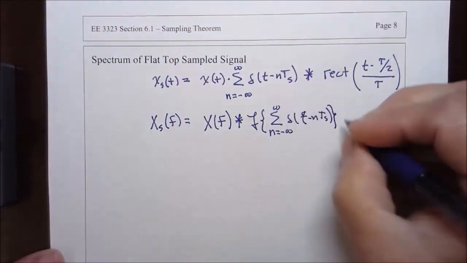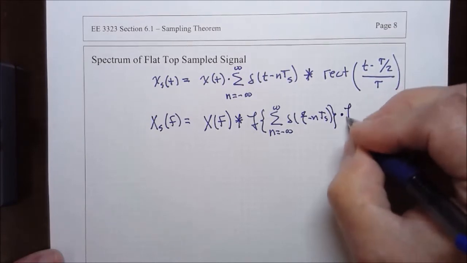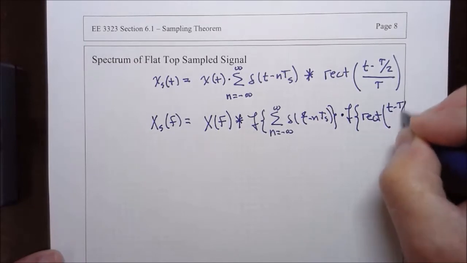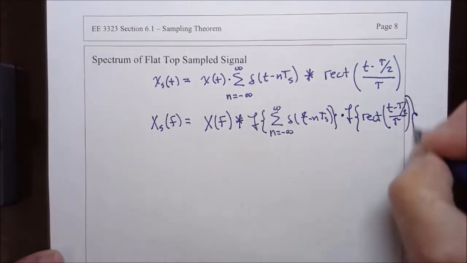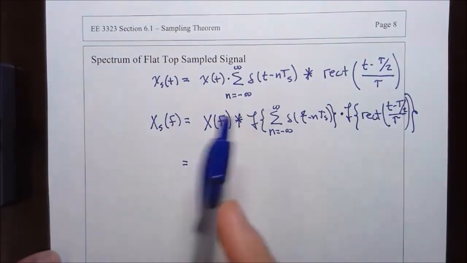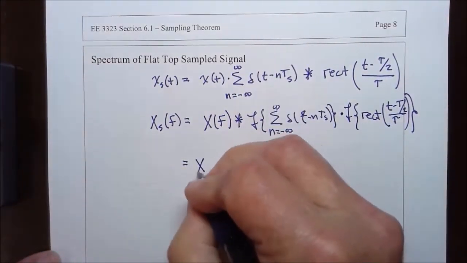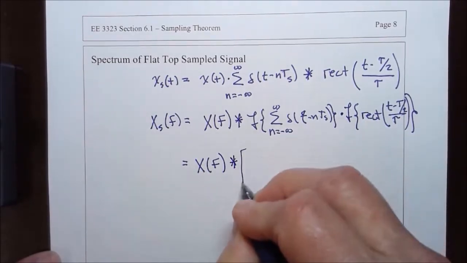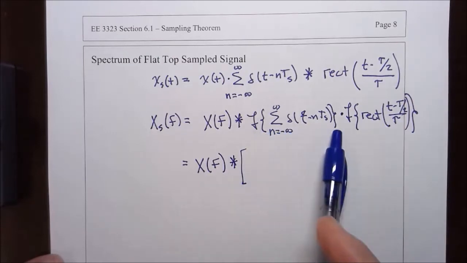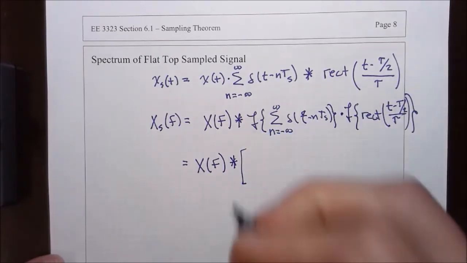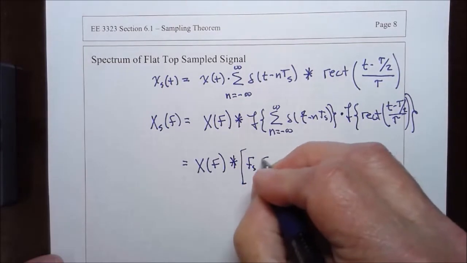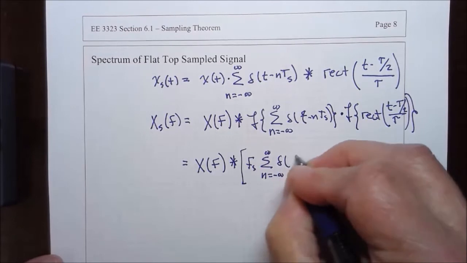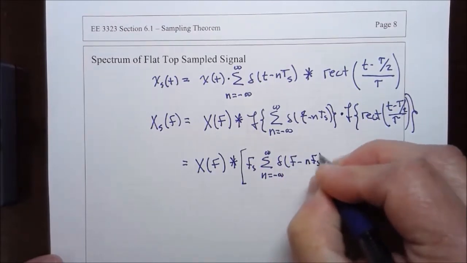Then this convolution turns into a multiplication with the Fourier transform of this rectangle, rect of (t minus tau over 2) divided by tau. So this is the Fourier transform of the original message signal convolved with the Fourier transform of the train of delta functions, which is fs times the sum from n equals minus infinity to plus infinity of delta of f minus n times fs.